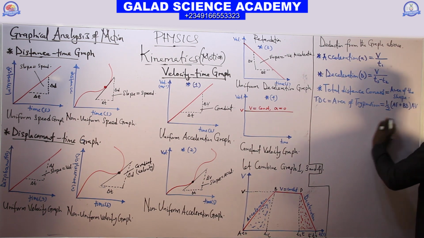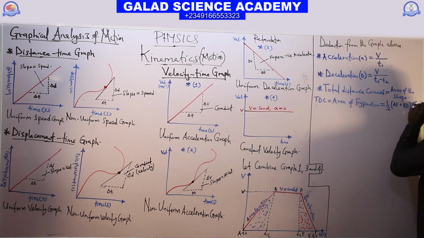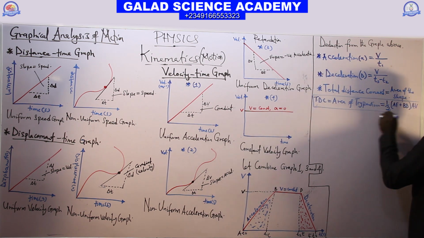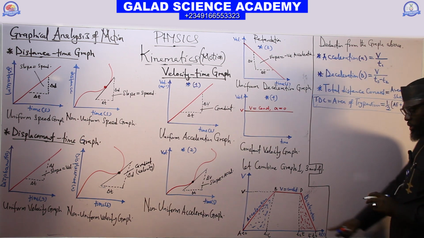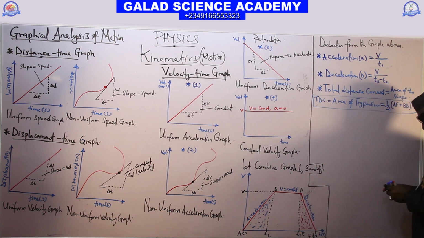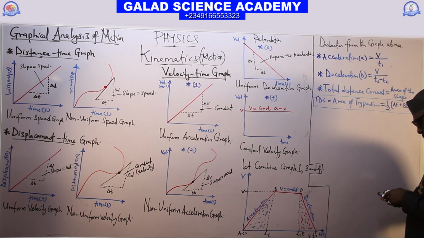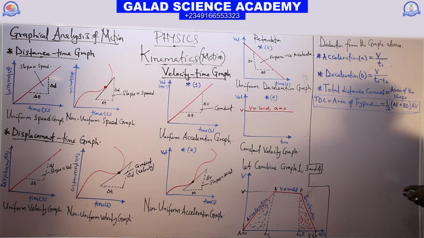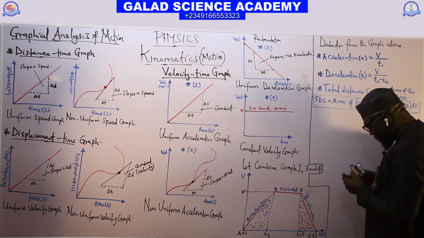So this is the area of a trapezium. If you apply this formula for a trapezoid, you get the total distance covered. But in an easier way, if you can see this structure very well, it comprises three shapes.